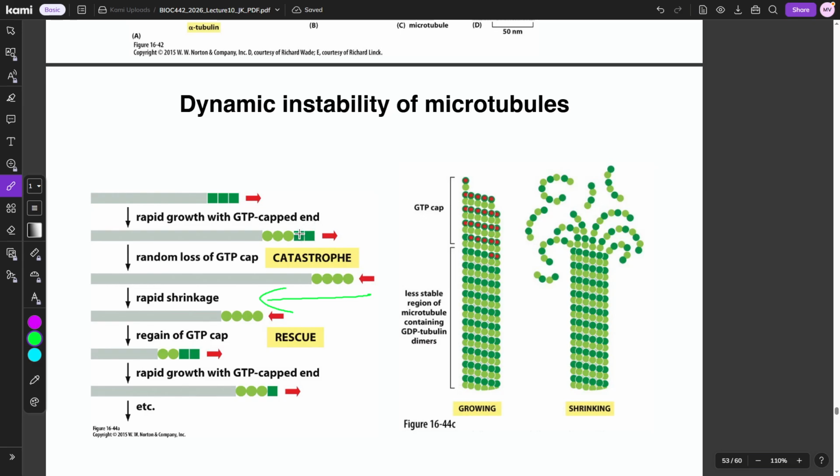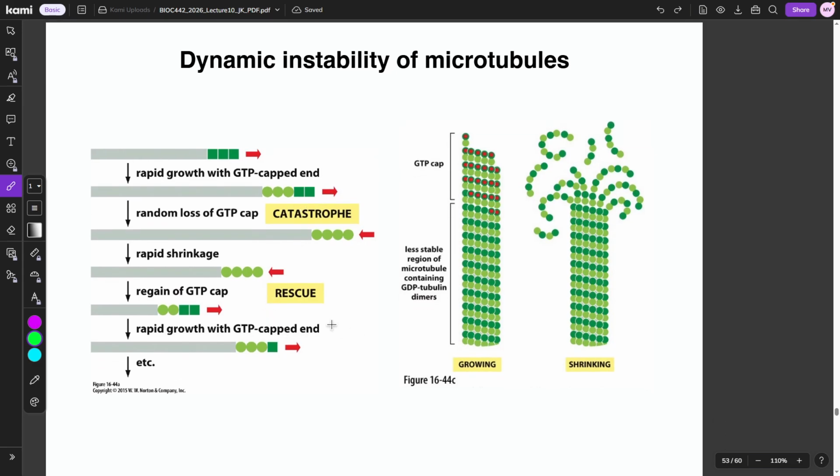Again, through some random process, the GTP cap will be regained, so that the heterodimer will bind a GTP again to its beta tubulin unit, most likely, and then the growth will continue again. And that process repeats. Basically, you gain GTP, you grow, you lose GTP, you shrink.